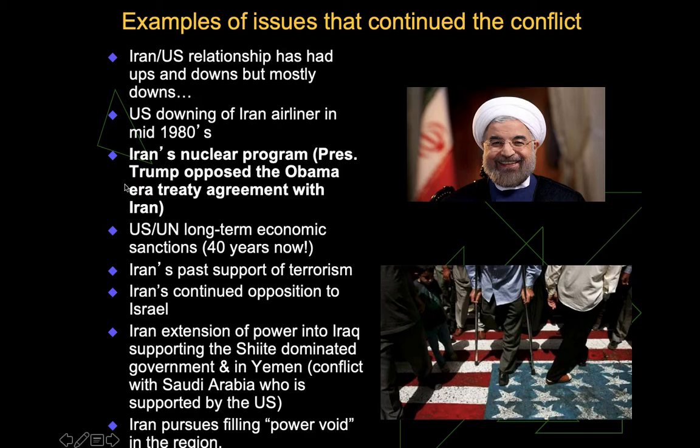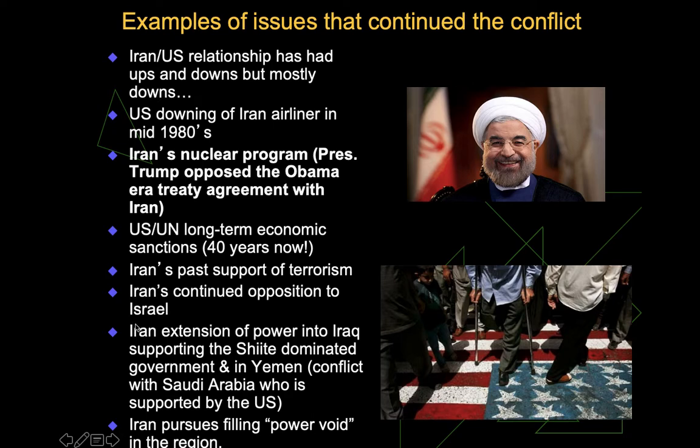They've not been completely successful, obviously, because they've been put in place to try to punish the Iranian government for actions such as the taking hostage of American diplomats back in the late 70s, but continuing other issues that we're trying to prevent them from doing or punish them for doing, including their support of different terrorist organizations over the years, and their continued opposition to the nation of Israel, where Iran's been one of the main opponents of Israeli power in the region.